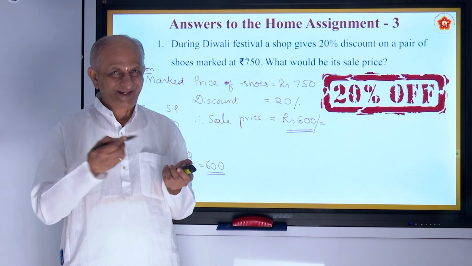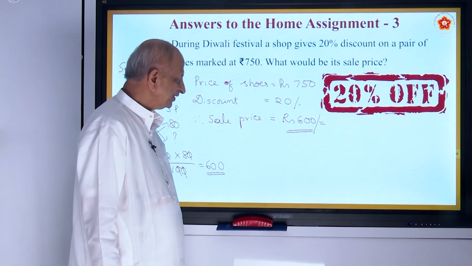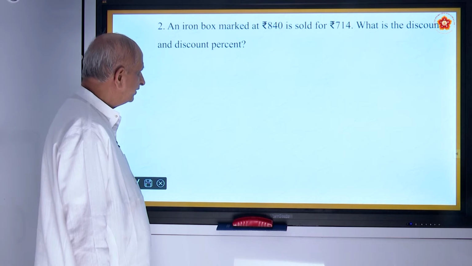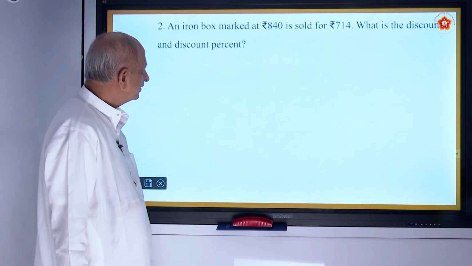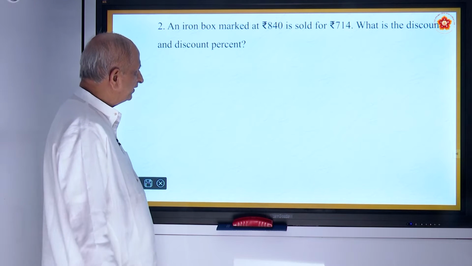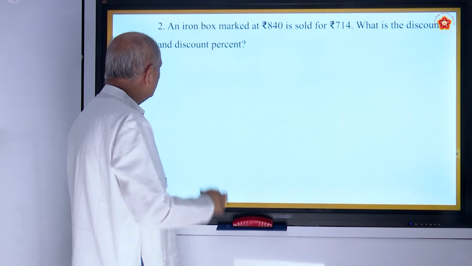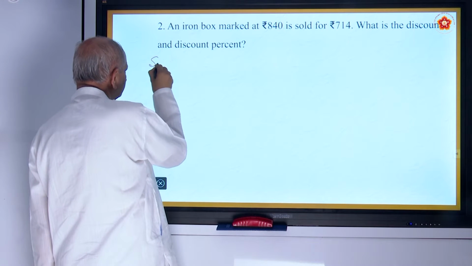So by seeing the title, people will be attracted. So that is what you can see in the shops. Noted down? Okay. Second question. An iron box marked at rupees 840 sold for 714. What is the discount and discount percentage? So market price.